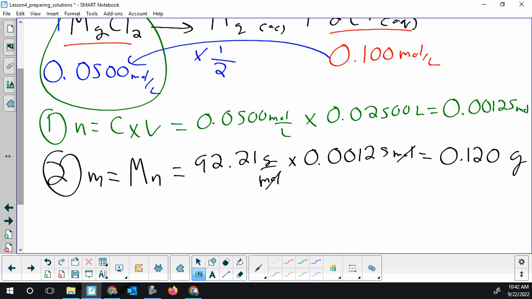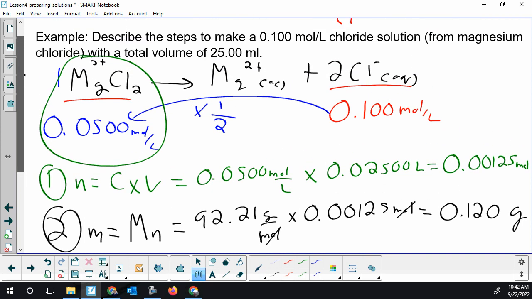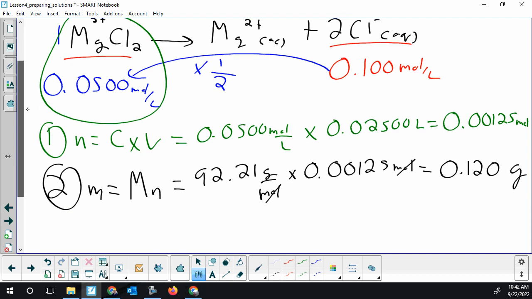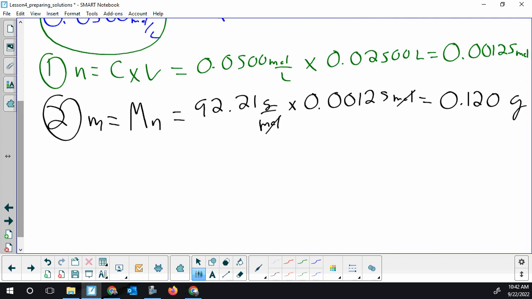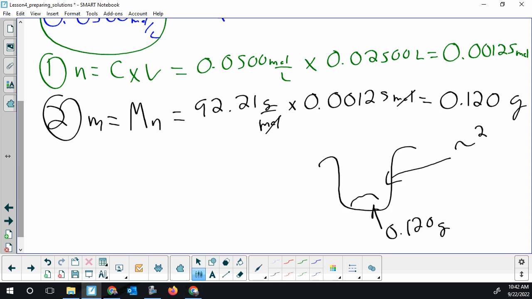Okay. We're not going to be able to use much water. This is going to be a little bit of a tedious making of our solution. We only want to make 25 mLs. So when we put our solute in our beaker, okay, we're going to weigh out close to this, but we're only going to want to put in about half of our 25 mLs.